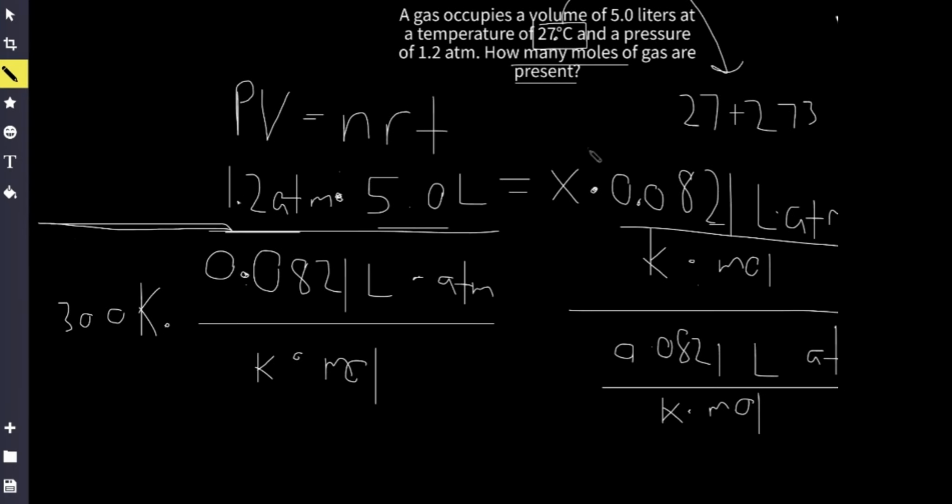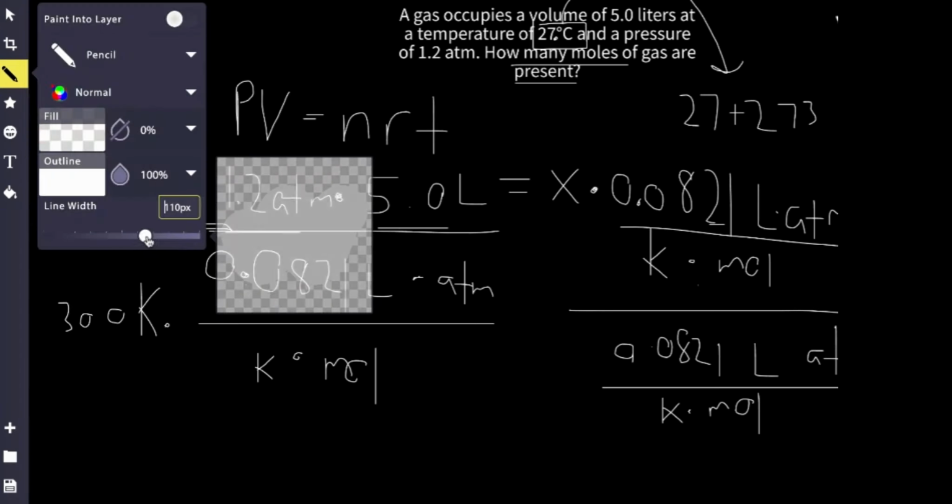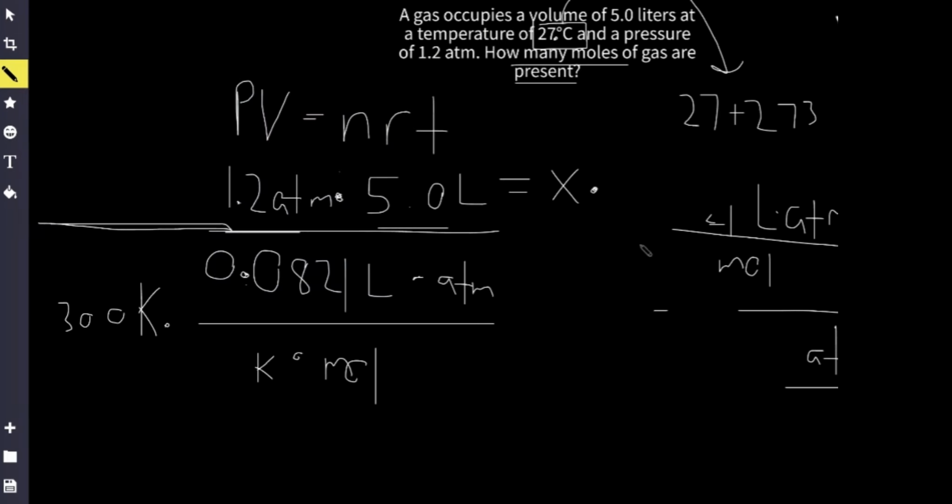We divided this side by this, and the left side by this, and you'll see how all of this is just going to cancel out. So we have X isolated, which is amazing.